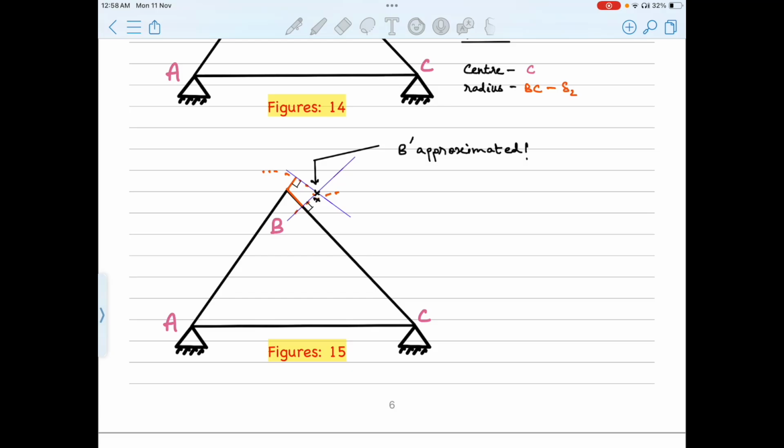Here, as the displacements are extremely exaggerated, it looks as if there is a considerable difference. This is B dash with arc and this is B dash with these tangents. They look quite far from each other, but in reality it doesn't happen so, because in practice they don't differ to a significant extent.